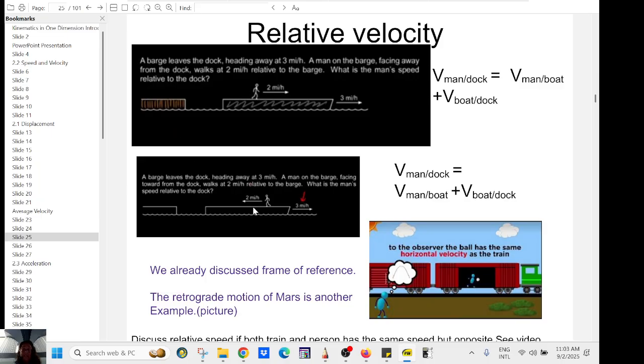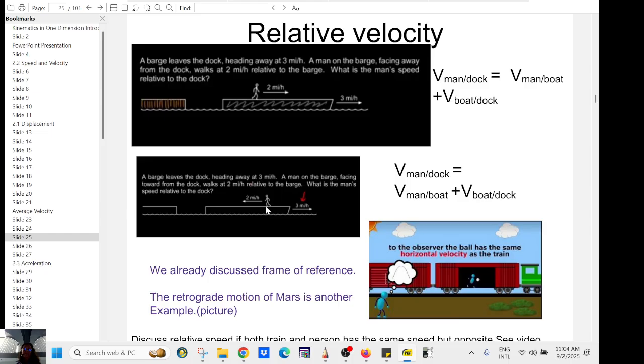Very good. But here, if you have 3 in this direction, so it's positive 3, negative 2. So relative to the ground, it's going to be 1. Very good. But you have to decide, the ground is this, the dock.